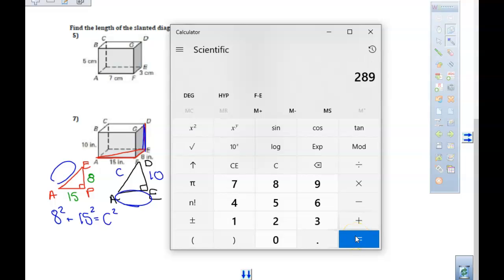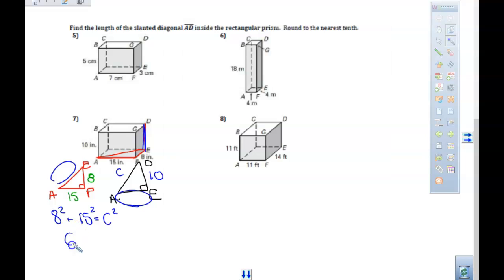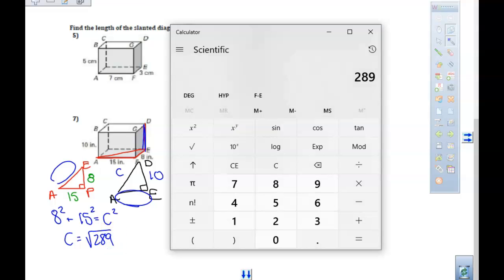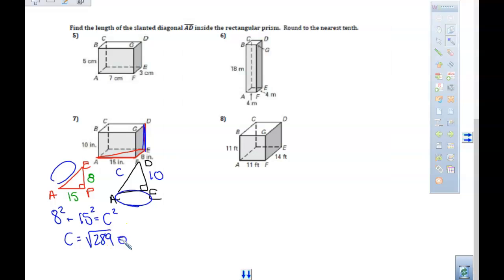So C is equal to the square root of 289. Did I do it right? Okay. Is that a perfect square? So I put it in the square root and I go, oh, that's beautiful. I get to use 17. I don't have to keep it as a square root. Okay? That's what this length is, which these are the same length. So now I can put the 17 in here.